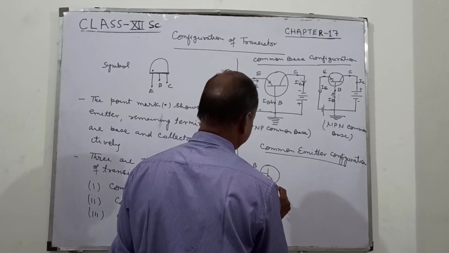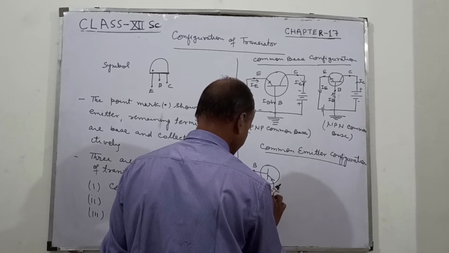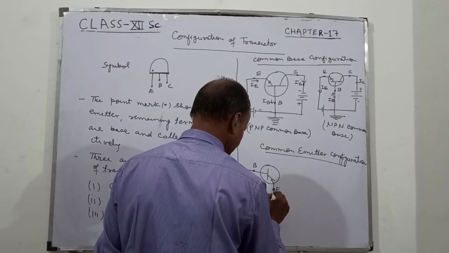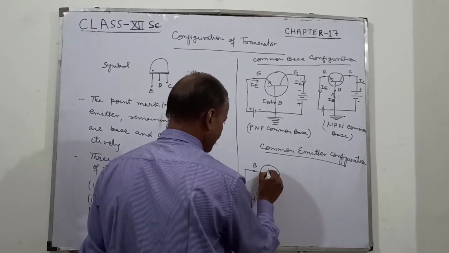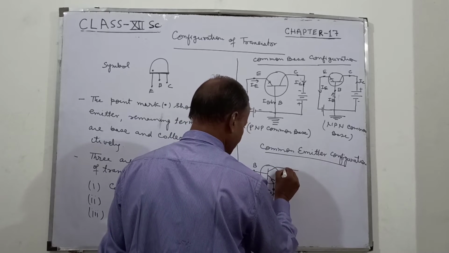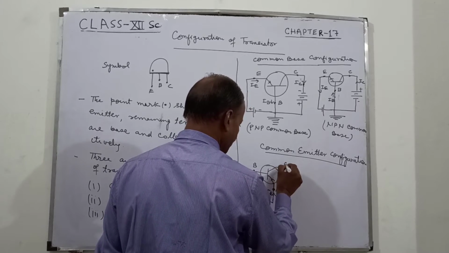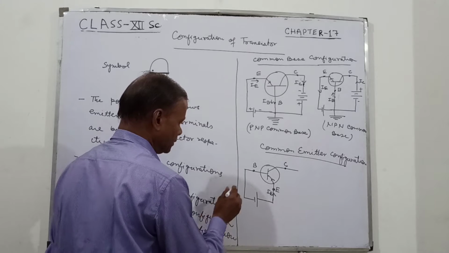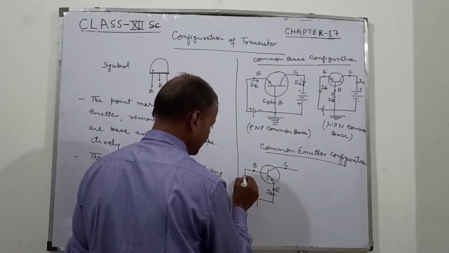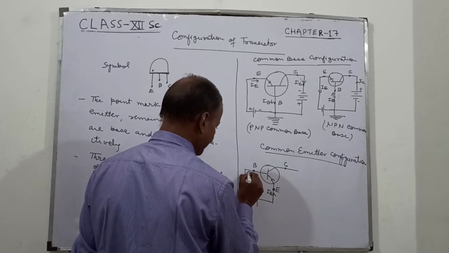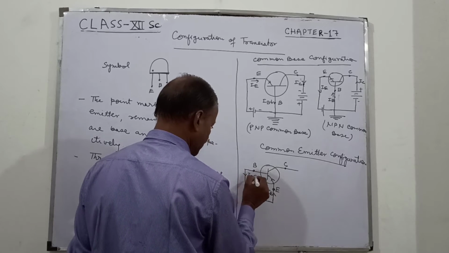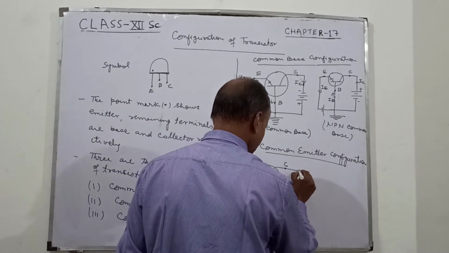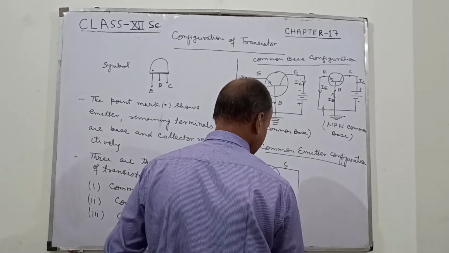This is P and P. This is point C, the collector, and the current here will be like this. This is IB.